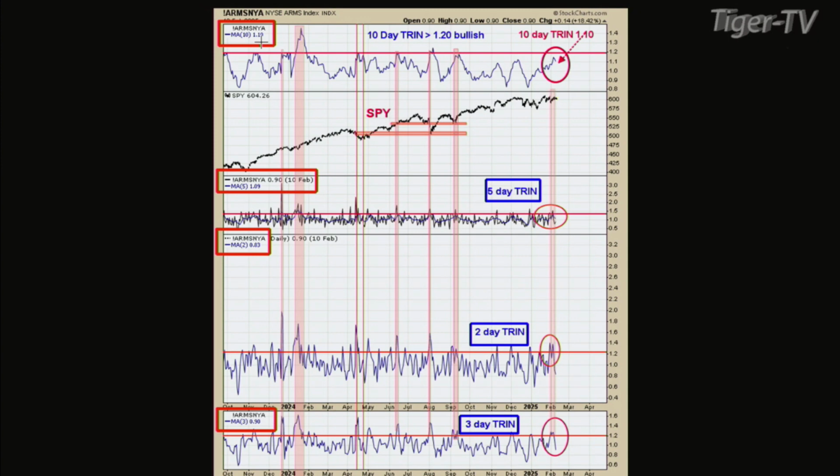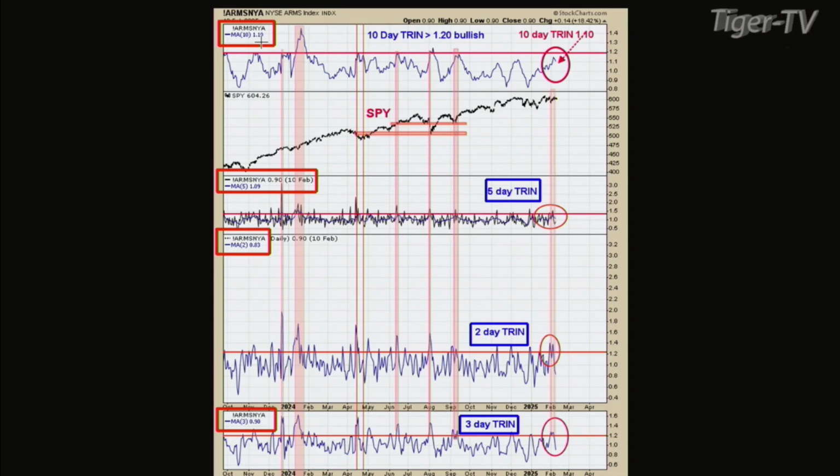Chart number 2 is an indicator that I use to find panic in the market. Panic in general is energy in the market, and I use a trend to figure out where the panic is. Trend readings of 1.2 or higher predict there's panic in the market, and usually panic only forms at lows. So I have a 3-day trend, a 2-day trend, a 5-day trend, and the top window is a 10-day trend.